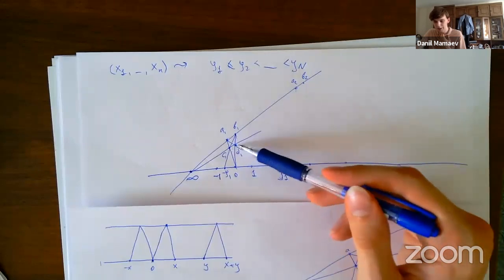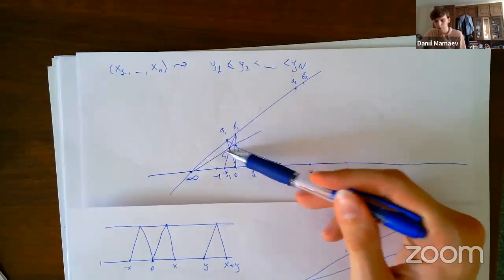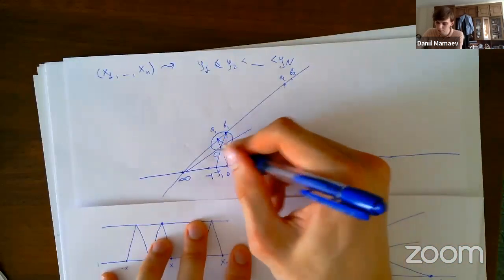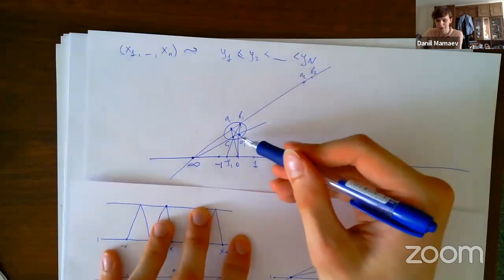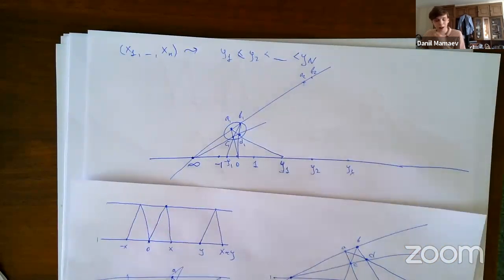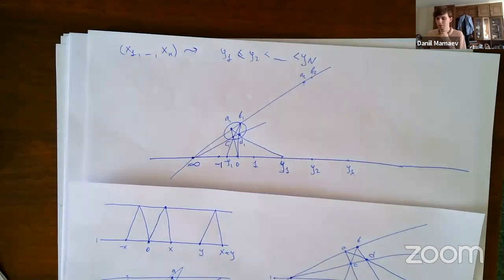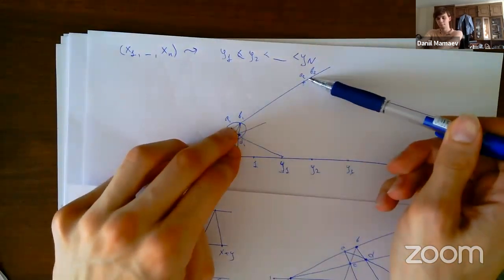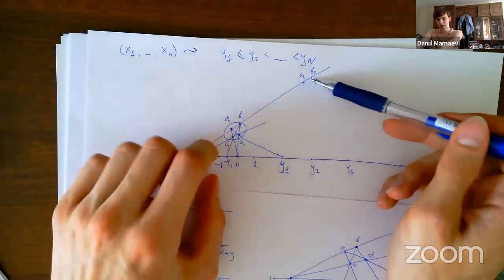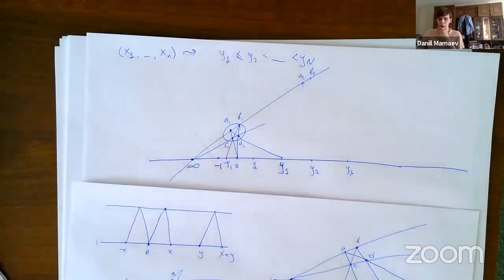And the picture is exactly like this picture. That's, by the way, why they're called quadrilateral relations, because this is a quadrilateral. And then we ensure every quadrilateral relation by these things.